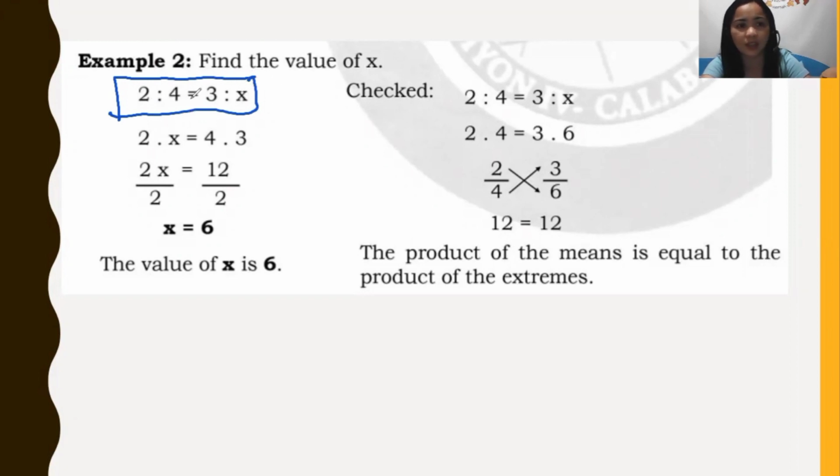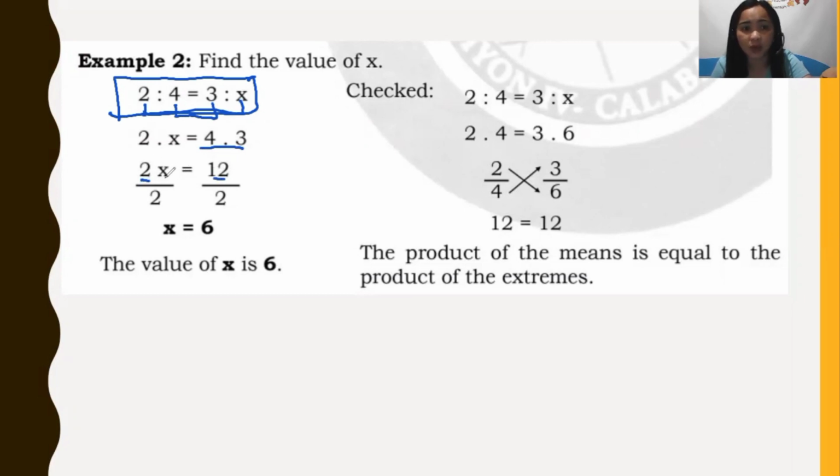Now, let's get the product of this proportion. Now, we have here the product of extremes. We have 2 times x, we have 2x. And the product of 4 times 3 is 12. We have 2x equals 12.